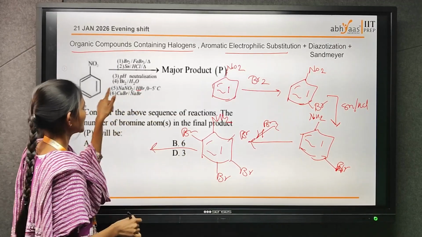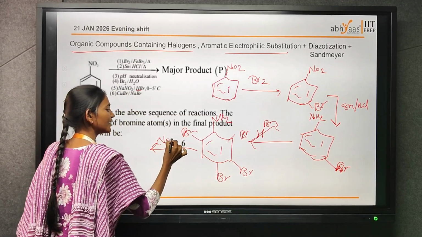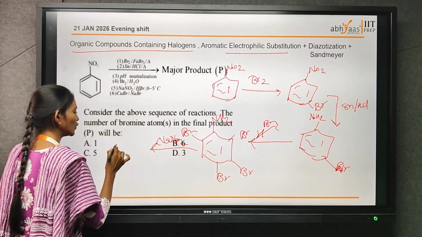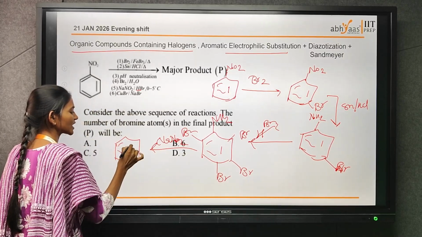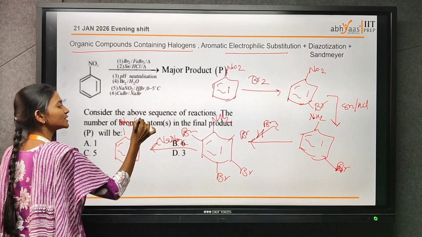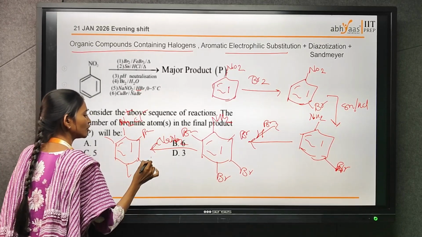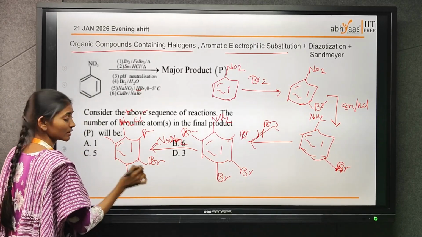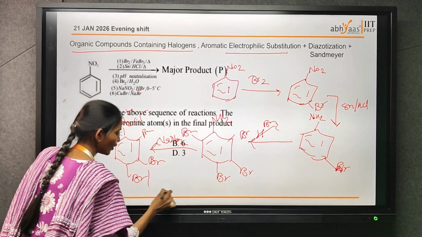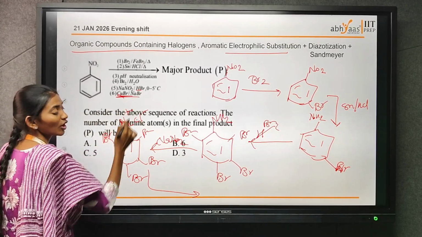And after that diazotization. Diazotization means NH2 is converting into N2Cl minus, right? So bromine, bromine and bromine. And upon that we are using copper bromide.